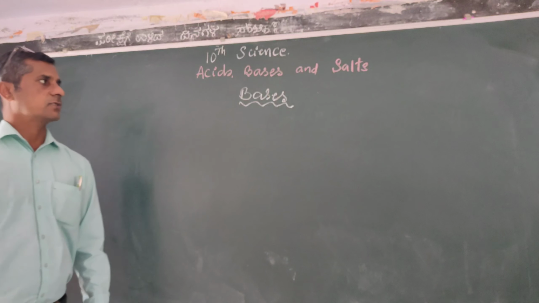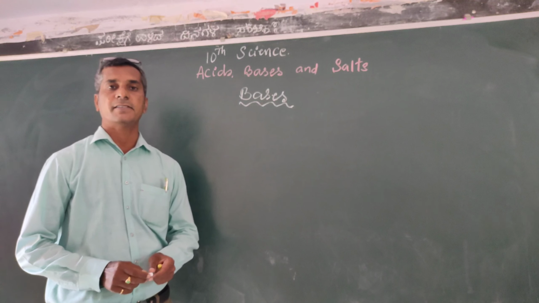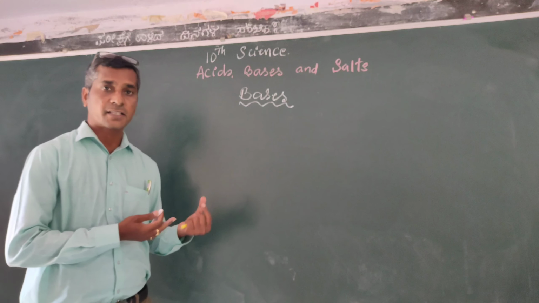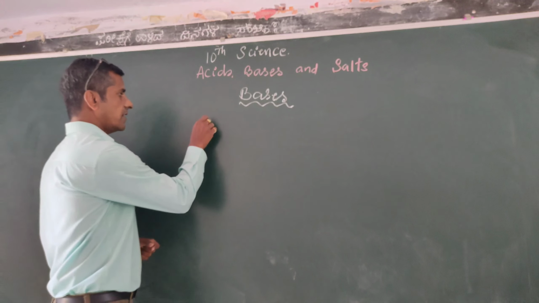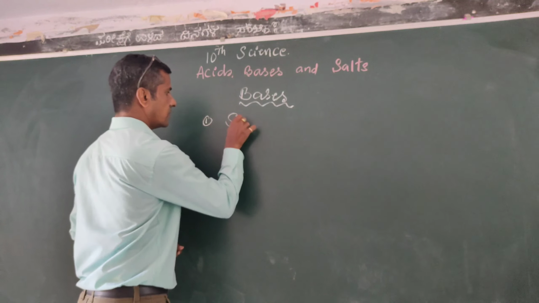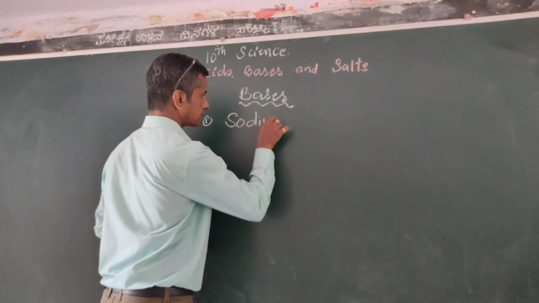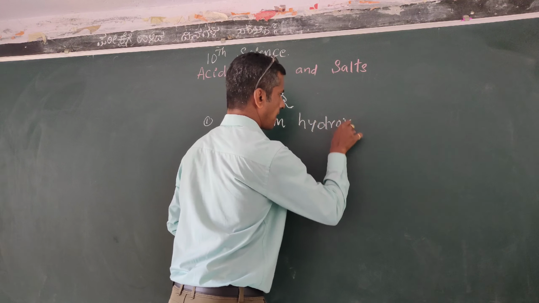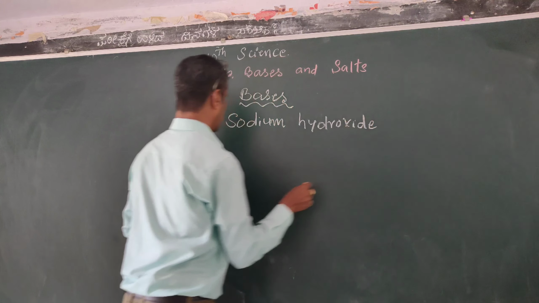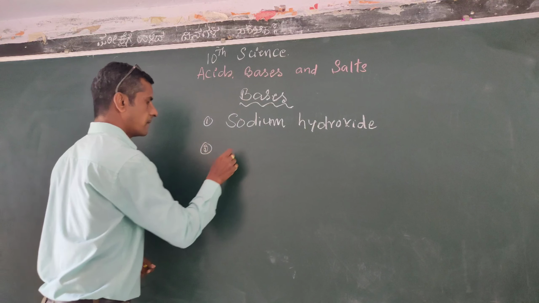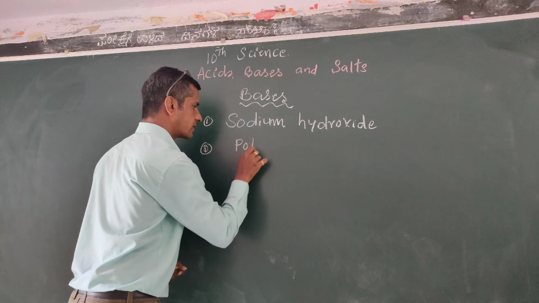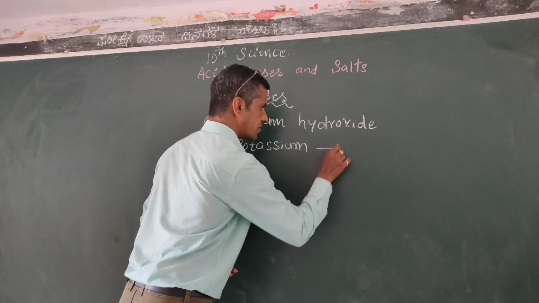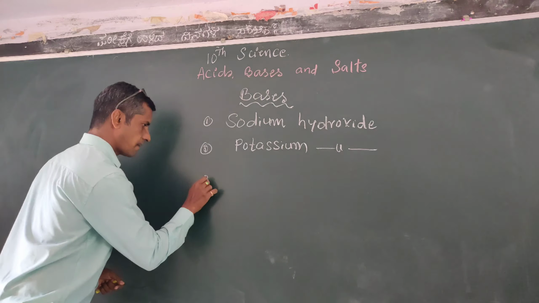Dear students, can you give examples for the bases? I think we have studied this in the same chapter in class 7. The first example is sodium hydroxide. Next is potassium hydroxide.